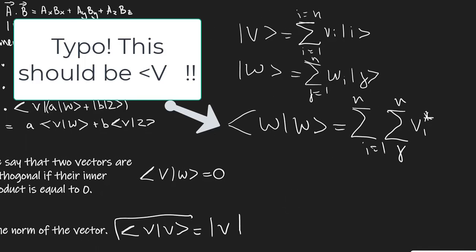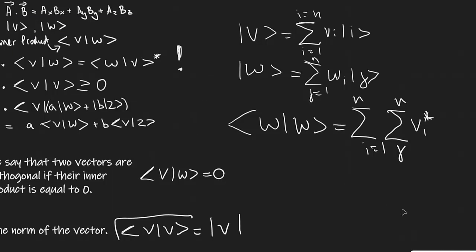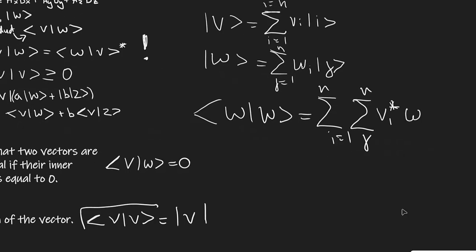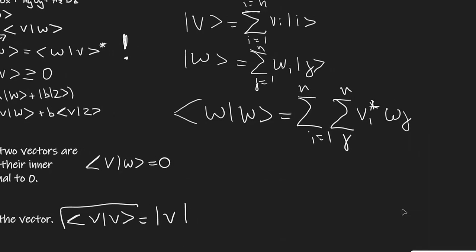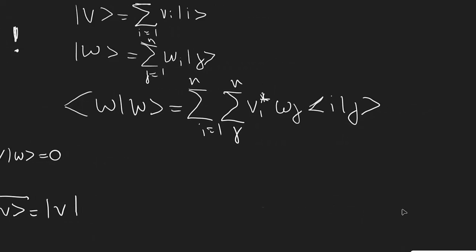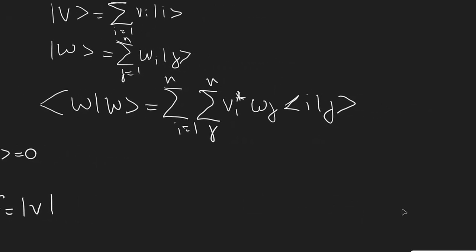This will be important because, as we said, this is an operation in which the order actually matters, multiplied by wj, and then we're going to need to find the inner product of the basis vectors, i and j.